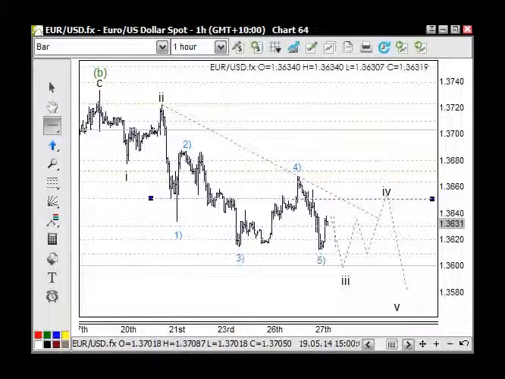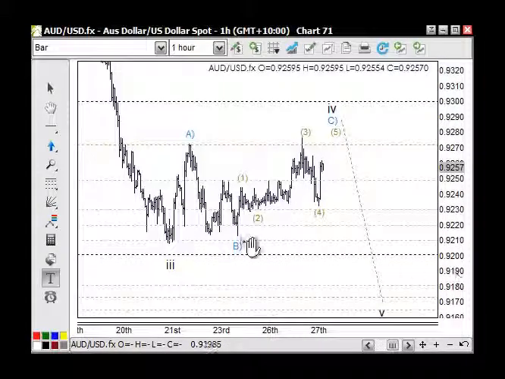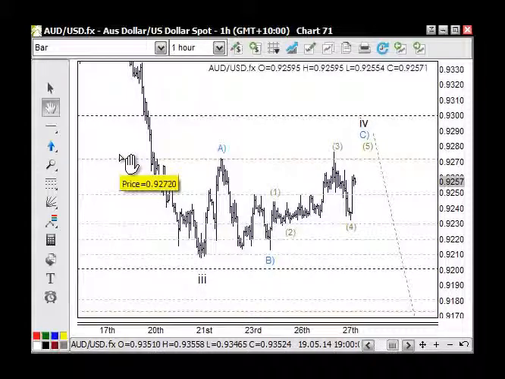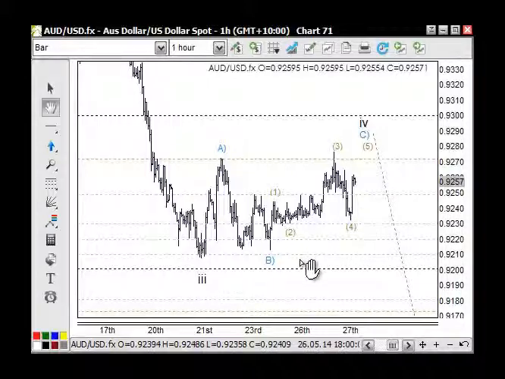The Australian dollar as well, still drifting sideways as such. Now, look, we're treating it as corrective, and wave fours do get a bit complicated, but one of the things here is that it is maturing, so we can look for some downside shortly.